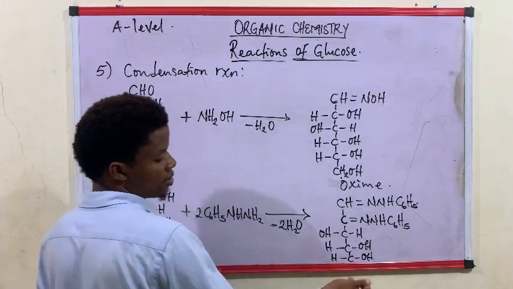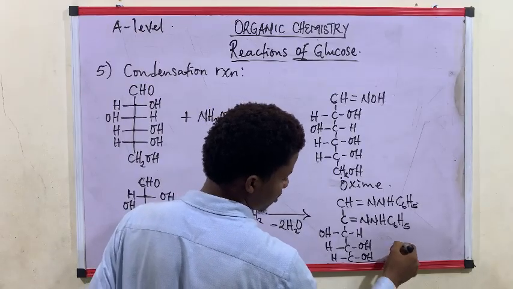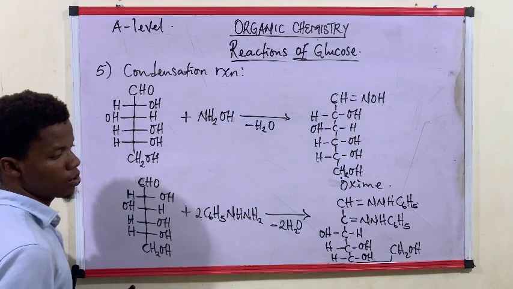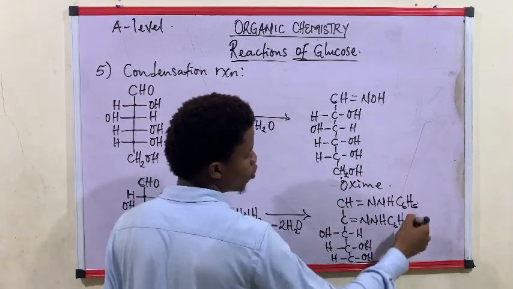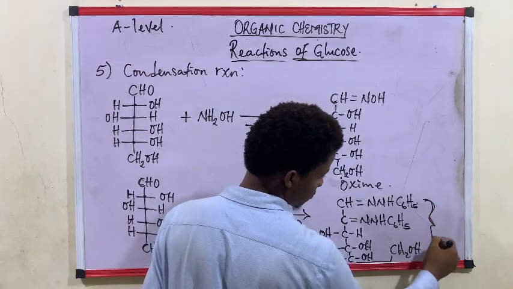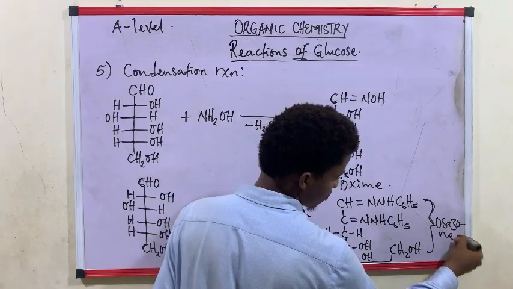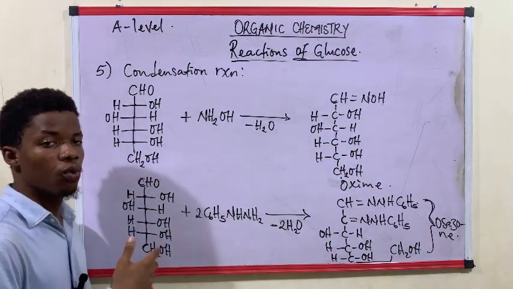We also have our C6H5 at the last here, and we still have our CH2OH. That's the last carbon there because of space. So this is known as osazone, or you can say glucose phenylosazone.